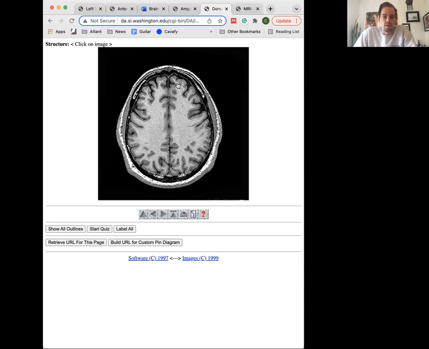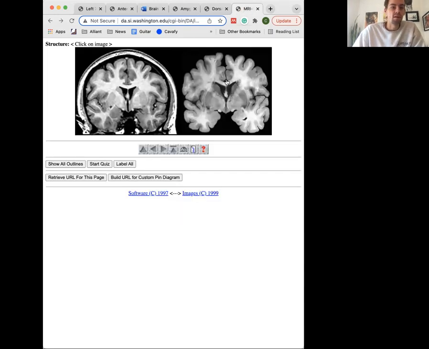And so these are connected by the corpus callosum, which is down the middle. It's maybe not the best view of it. I don't think I pulled up a better image. But yeah, the corpus callosum is a large band of axons that connect the hemispheres and corresponding parts of the cerebral cortex of the left and right hemispheres.